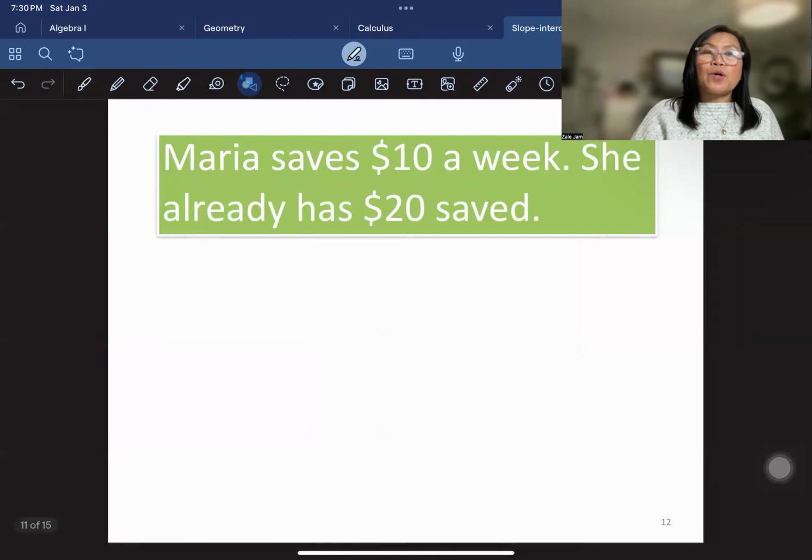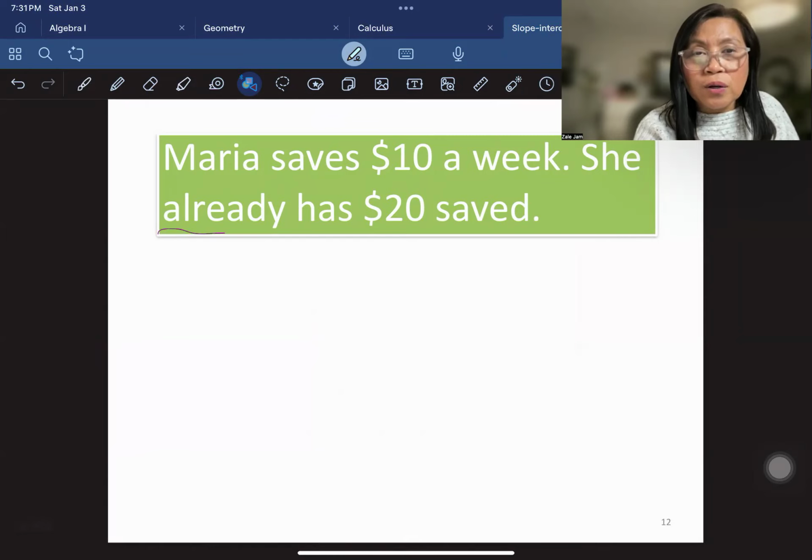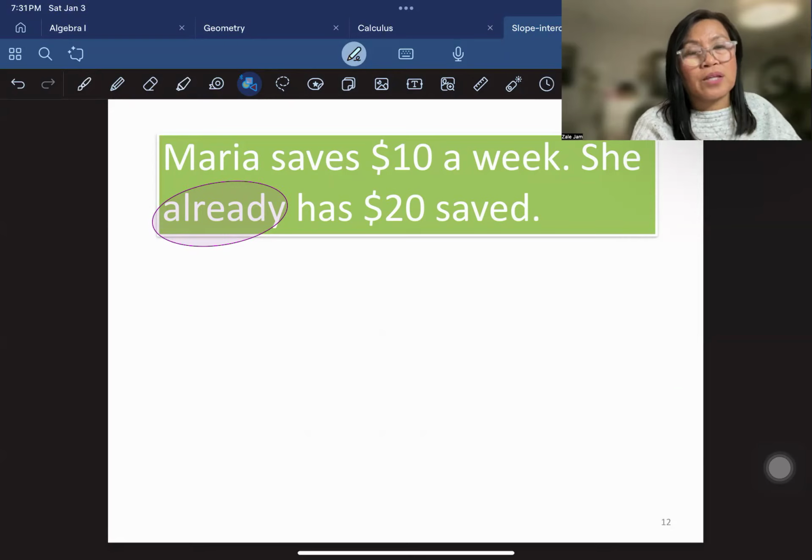Now, for example, we have this situation right here. Maria saves $10 a week. She already has $20 saved. How are we going to express this in a point slope form? Notice that the word already means that it's the beginning. So at time equals 0, starting point, Maria has $20 already.